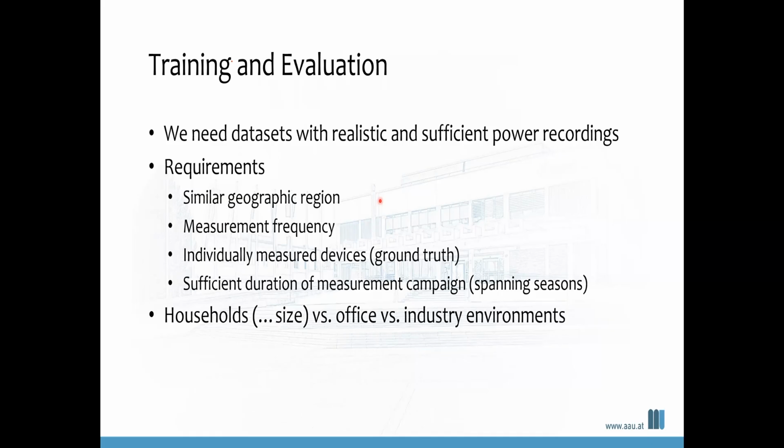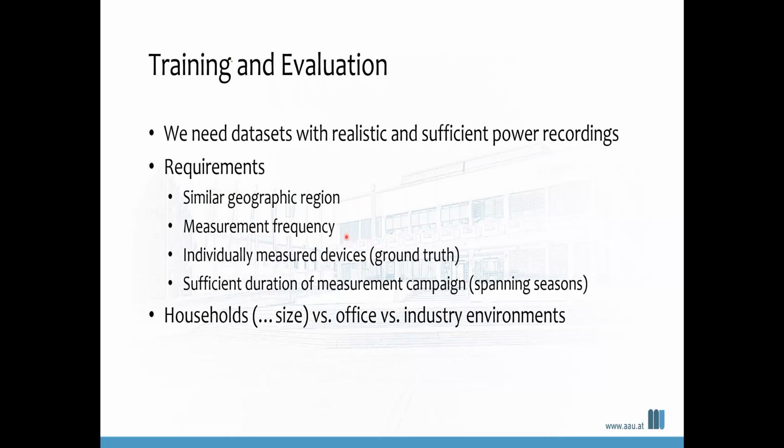Because if you have a different geographic region, typically this also comes with different devices, different frequencies of the AC power, different voltages, different behavior of everything in general. So this would be quite a problem if the regions and device sets are too different.